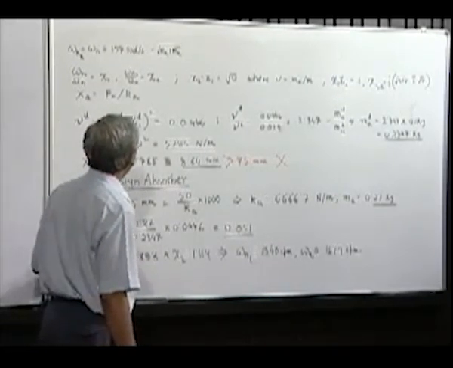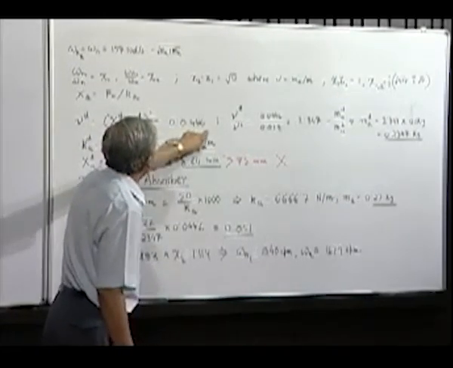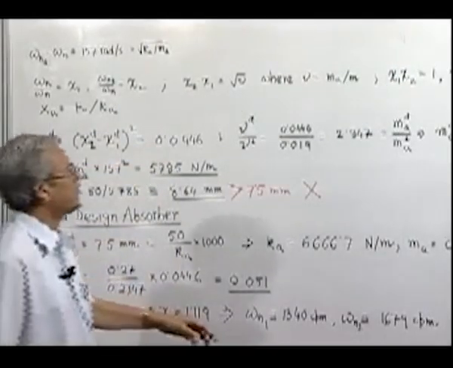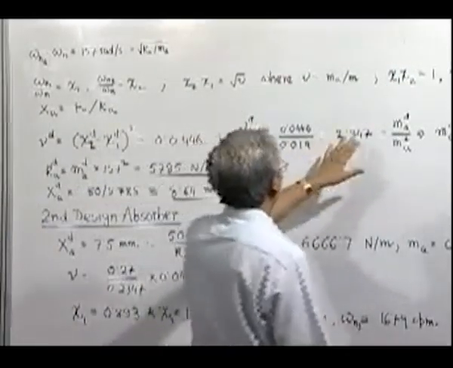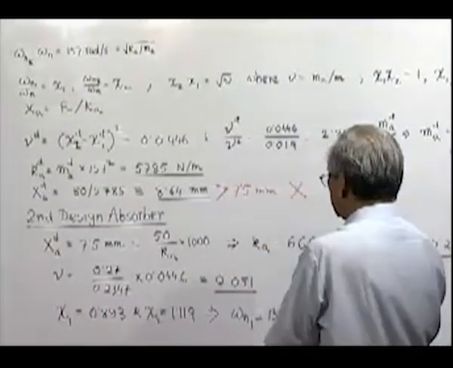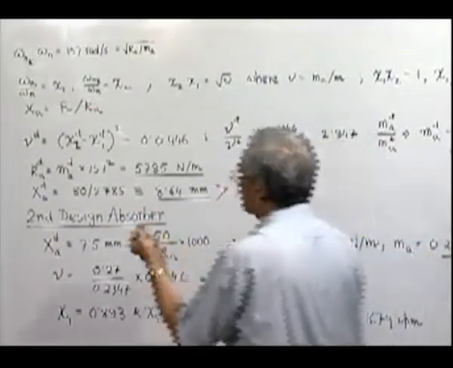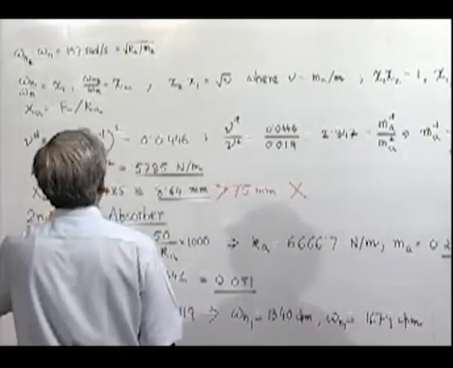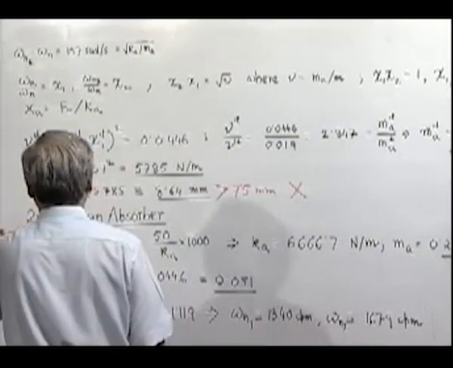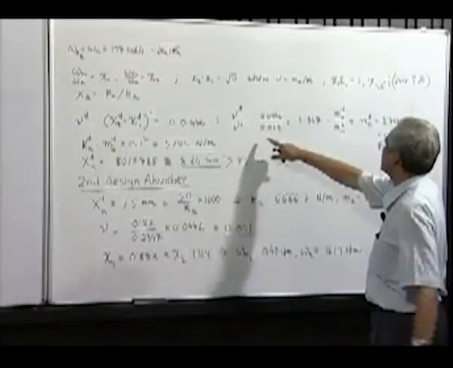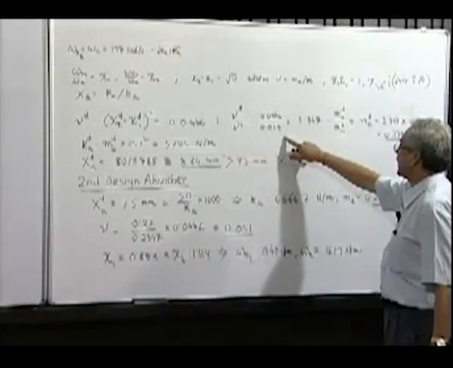For example, with 0.1 kg mass of the absorber, the nu we found out was 0.019.